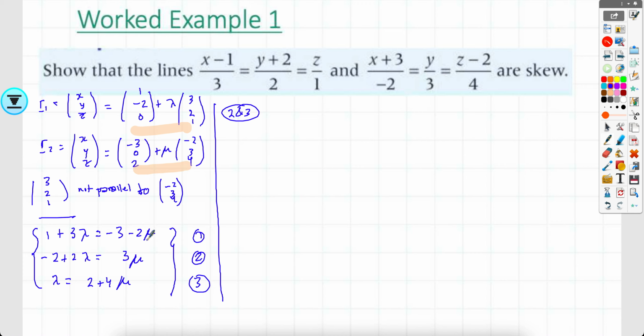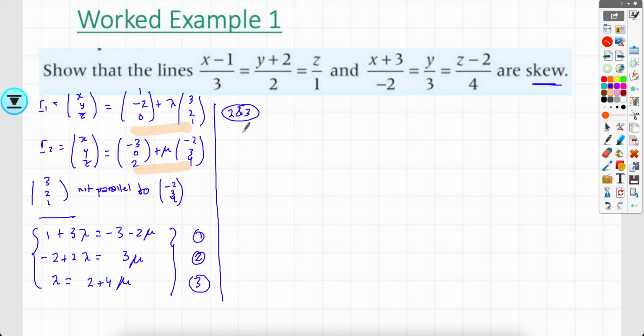What we want to get to eventually is a contradiction at the end, that we cannot find a lambda and a mu that satisfies all of them. So if you are approaching your question this way, and the algebra is correct and it's very clear, then it should be correct. So I'm just going to replace this 2 plus 4 mu into the second equation.